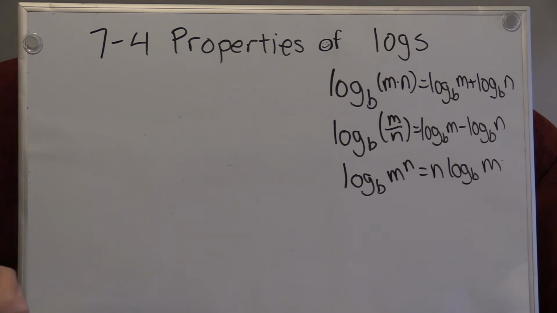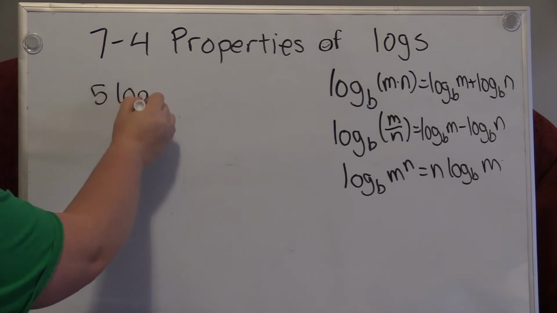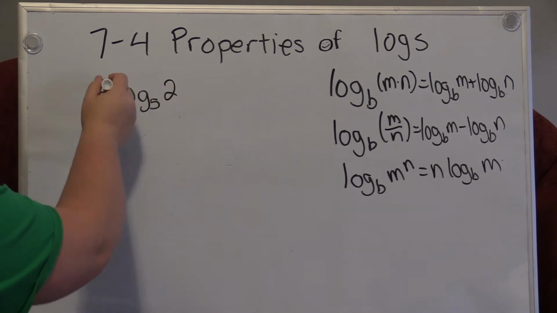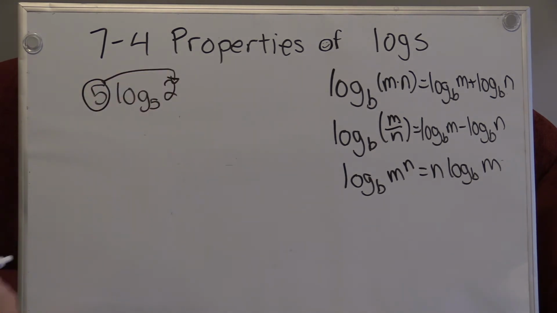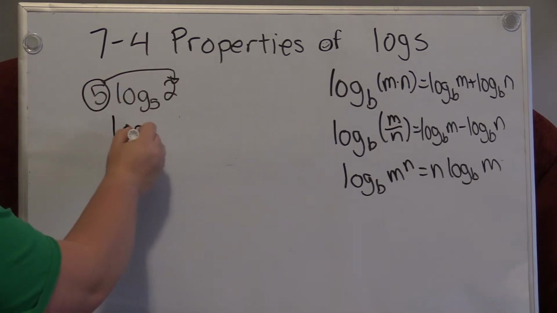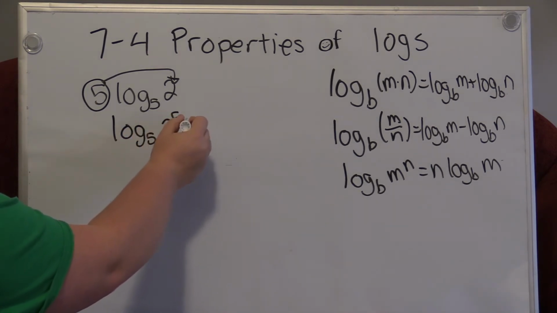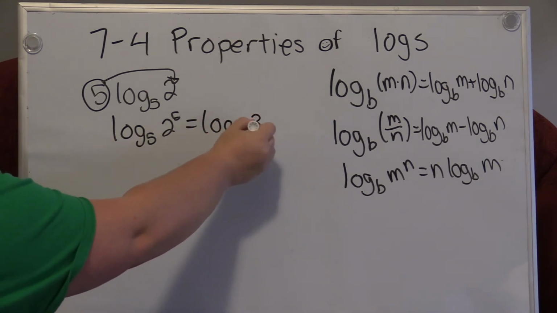So I have 5 times the log base 5 of 2. This comes up top as the exponent, so this becomes the log base 5 of 2 to the 5th, which is the log base 5 of 32.